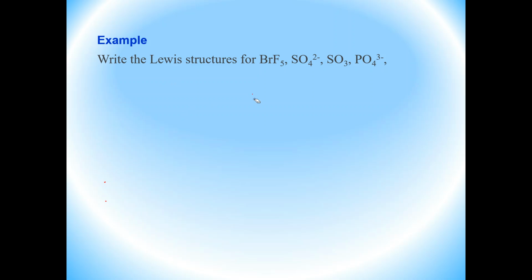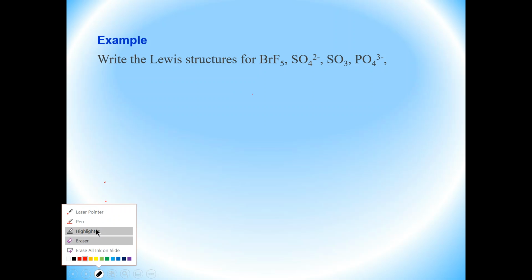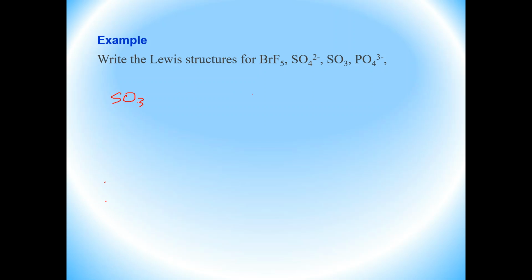Okay, so the next example is sulfur trioxide. So let me go to my pen. So SO3 is the formula. So again, we add up the valence electrons. Sulfur will give us 6. Oxygen will give us 6 each, times 3 equals 18.